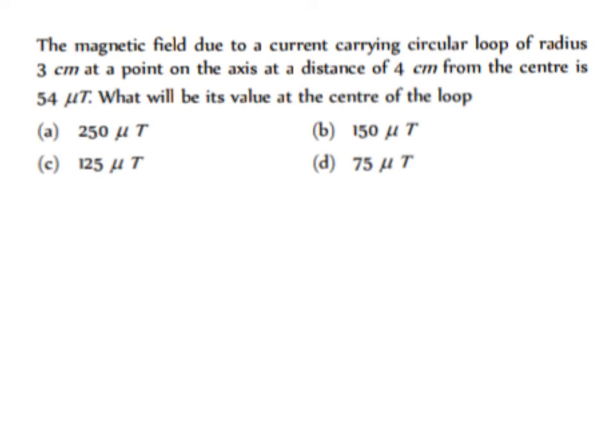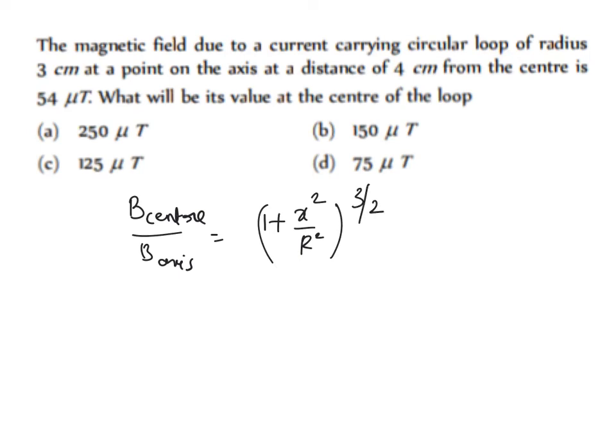In the synopsis we have given that the ratio of the magnetic field at the center to the magnetic field along the axis must be equal to 1 plus x square divided by r square whole to the power of 3 by 2. We need to calculate the magnetic field at the center.